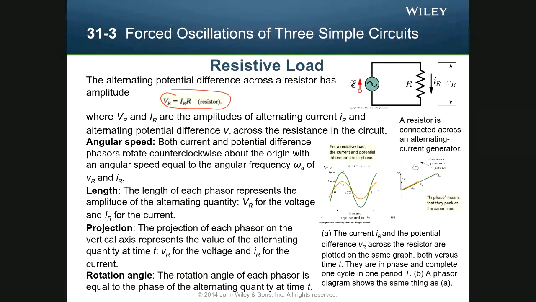But the problem with phasors is that the math looks a little intimidating, because here, for figure A, you have something like I is equal to I_R cosine omega t, right? In the phasor notation, if you want to write it out mathematically, I is equal to I naught times e to the minus i omega t.